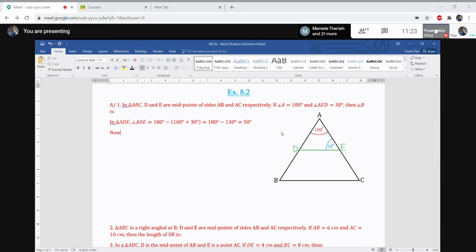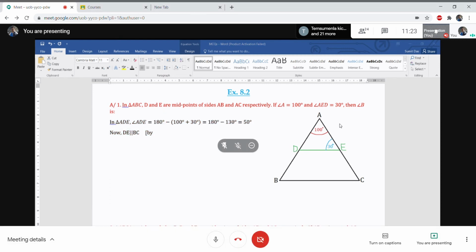Now, DE parallel to BC. Can anyone tell me why DE parallel to BC? Please reply fast. I wrote DE parallel to BC. Why?